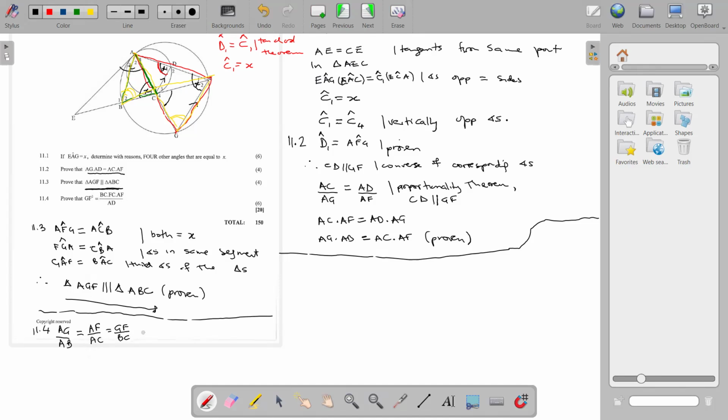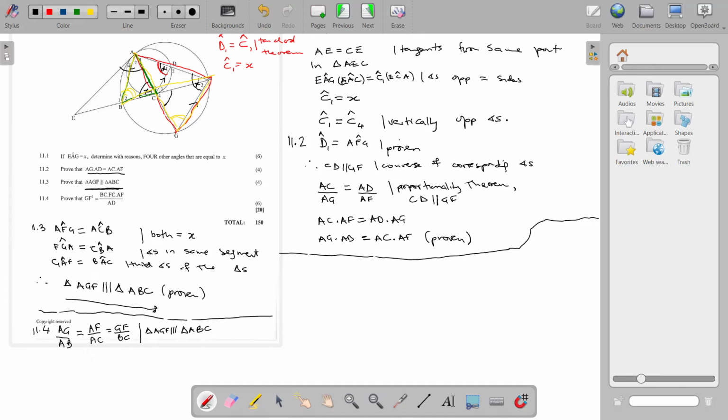What is the reason for this? It's because triangle AGF is similar to triangle ABC.